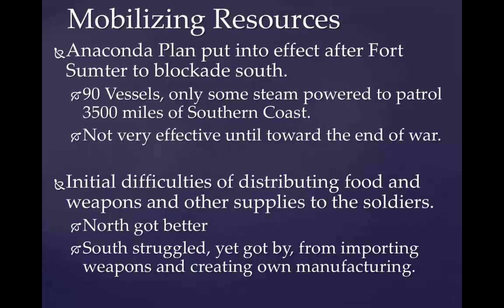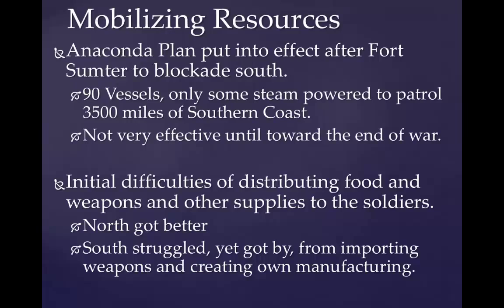It wasn't necessarily effective in the beginning, but as the war went on, those resources added up, and you started to get more vessels being appropriated for this. The Anaconda Plan and the blockade became a major thorn in the Confederate side because it really hurt their ability to have the supplies necessary to deal with this war.